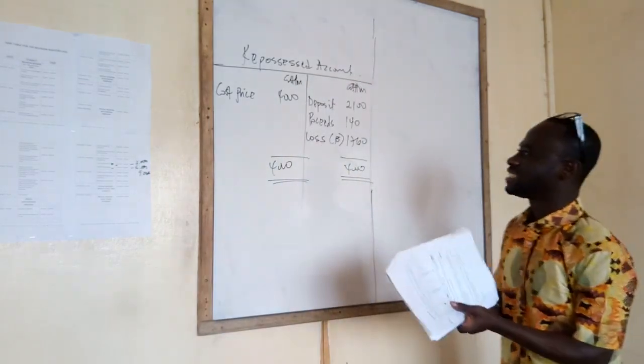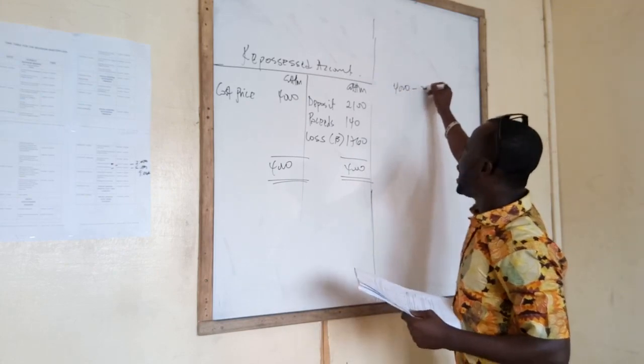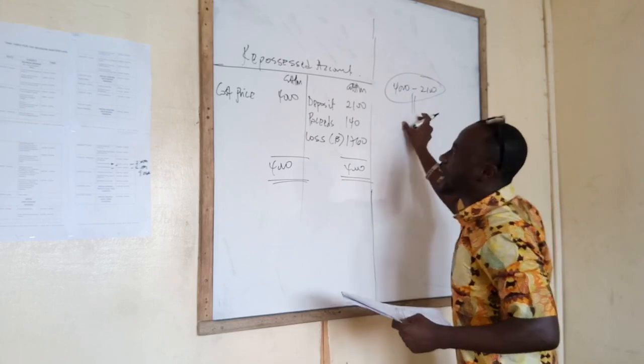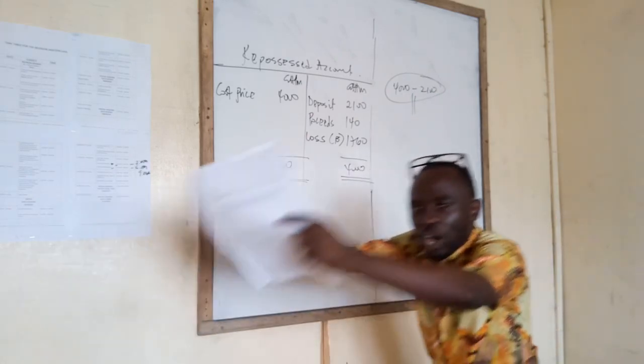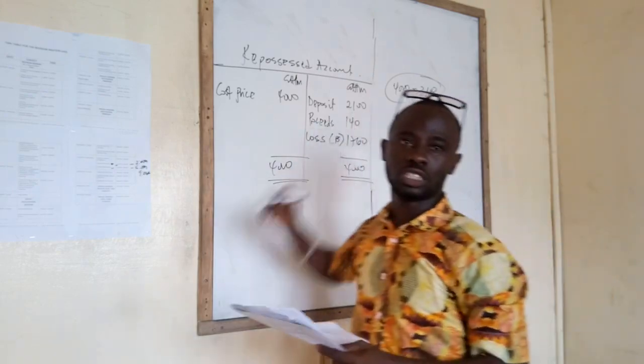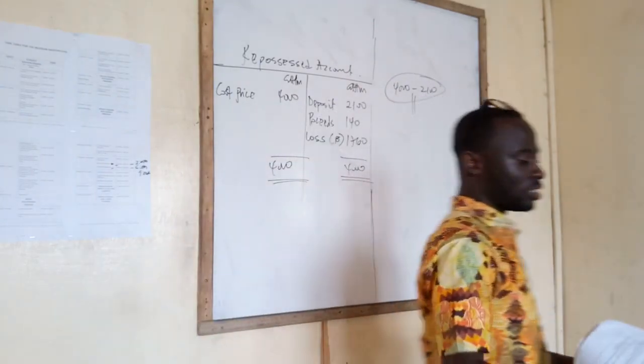So in actual sense, it cost us this much, he gave us this deposit, and the remainder is the value of the goods we took from him. Then we deduct the proceeds from it. So that's why we won't consider the installments that he has paid on the goods.